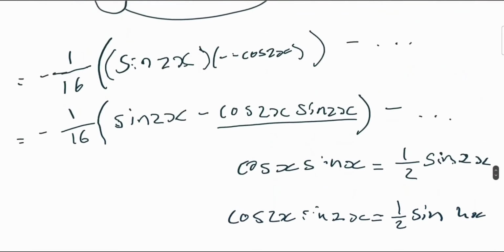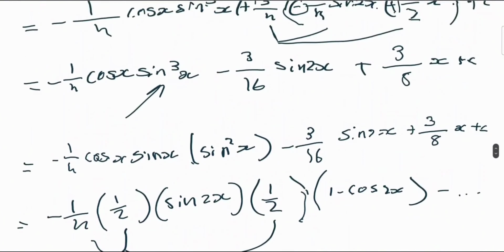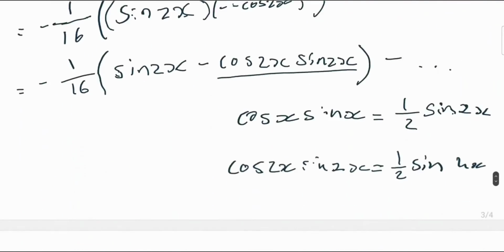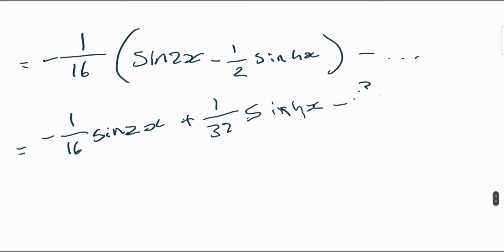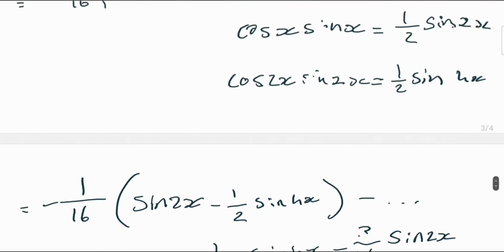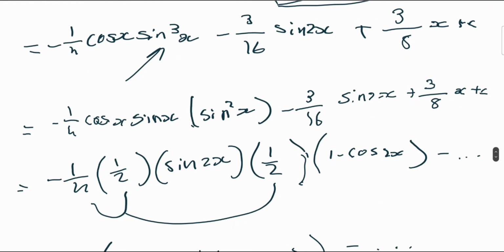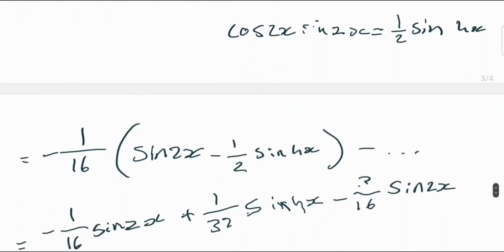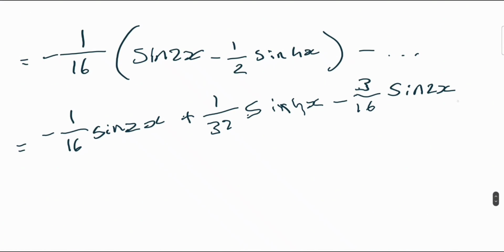Minus, and the rest of it is negative 3 over 16 sine of 2x plus 3 over 8x, plus c.